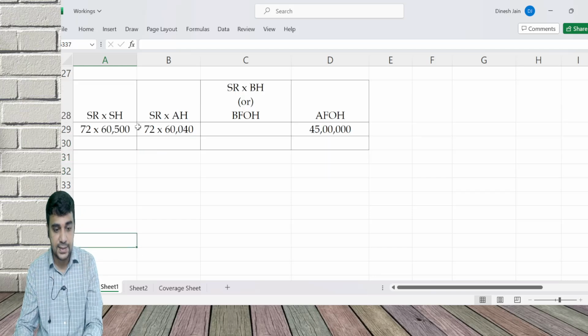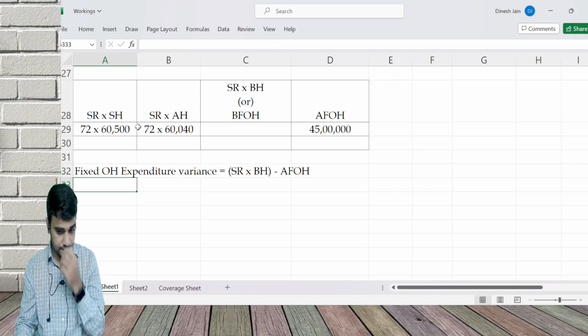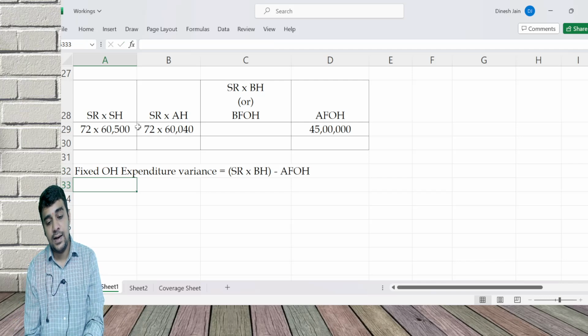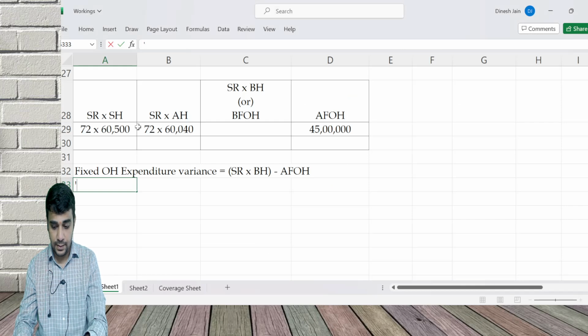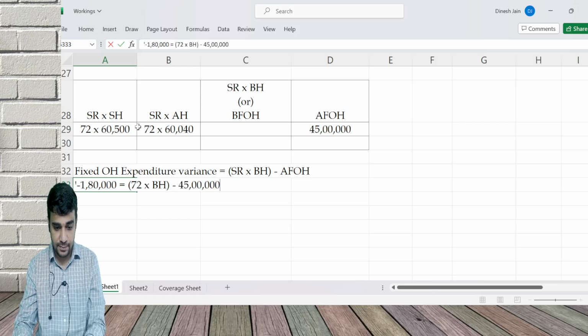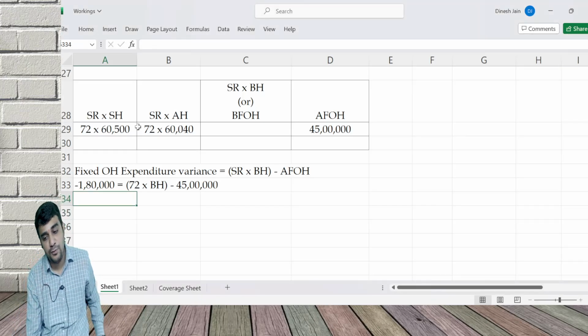Now write fixed overhead expenditure variance equal to SR into BH minus AFOH, minus 1,80,000. 72 into BH minus 45 lakhs. 72 into BH. Formula should be very clear by now.